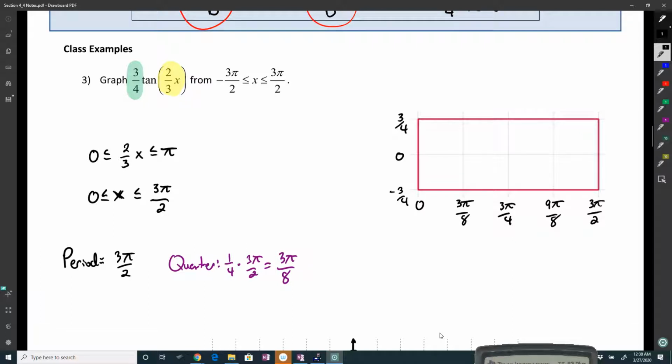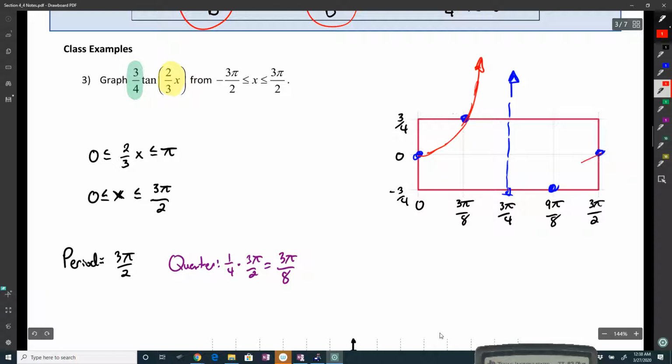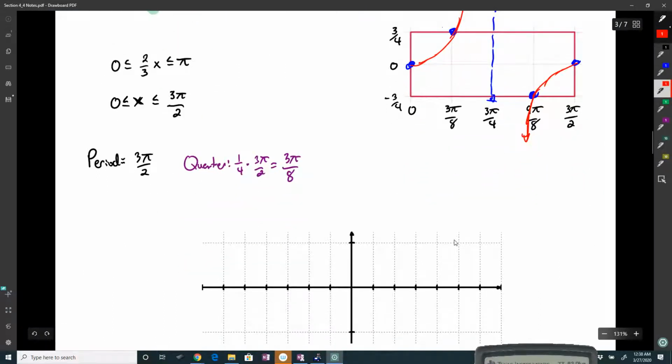So I have that, and I know that this is tangent. So tangent has the asymptote down the middle, and then the two dots here and here, dot here, dot here. So that's my graph.